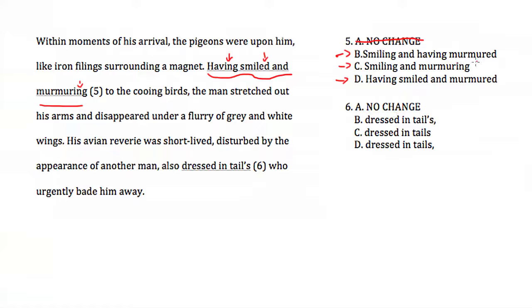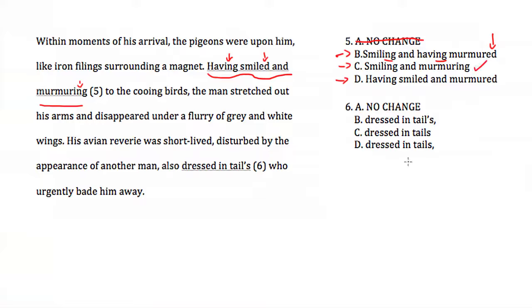Smiling and having murmured to the cooing birds, the man stretched out his arms and disappeared. Maybe, again we have an ing, an ing, and then an ed. Present, present, and then a past tense. So I don't really like B. It sounds awkward. So let's move on to C. Smiling and murmuring to the cooing birds, the man stretched out his arms and disappeared.